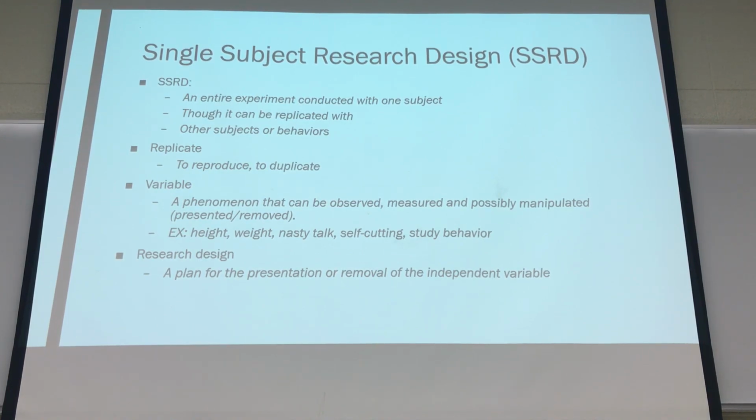Okay? Examples of variables. Research design. This is a plan for the presentation or removal of the independent variable. A research design is a plan for the presentation or removal of the independent variable.